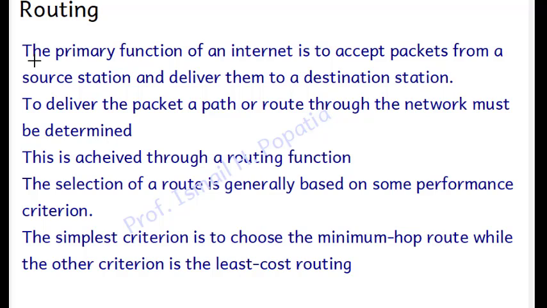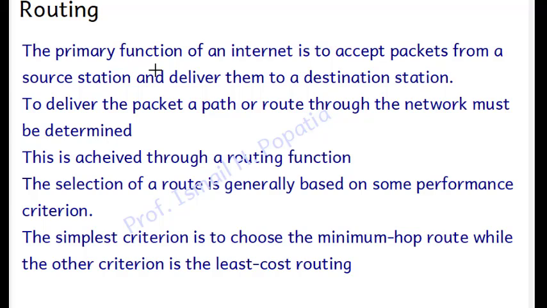In any network we have various nodes. Router is one of the nodes. So the primary function of the internet is to accept the packets from the source station and to deliver them to the destination station.